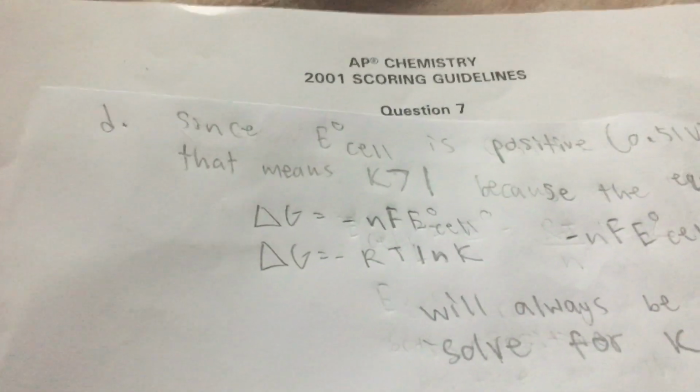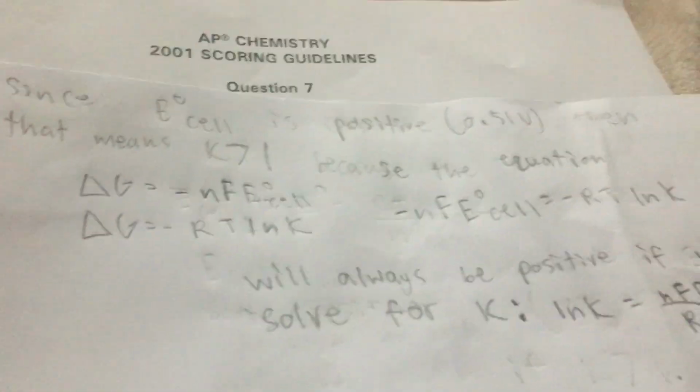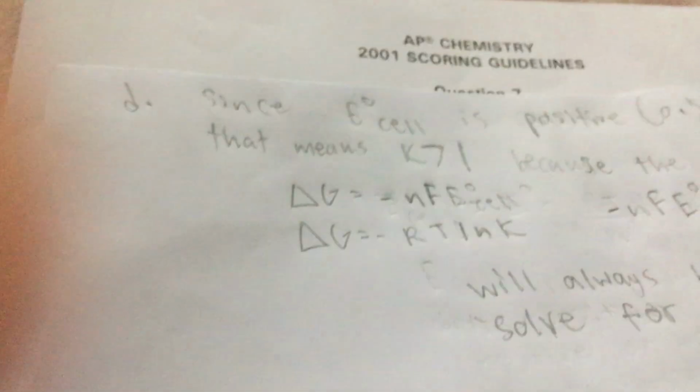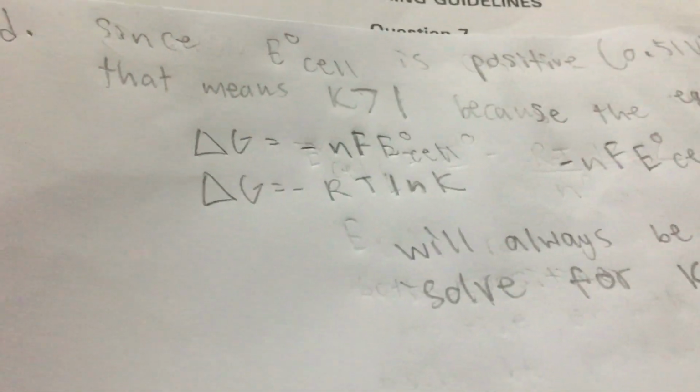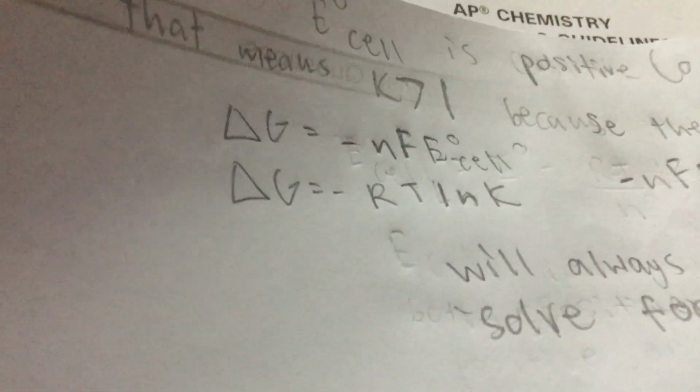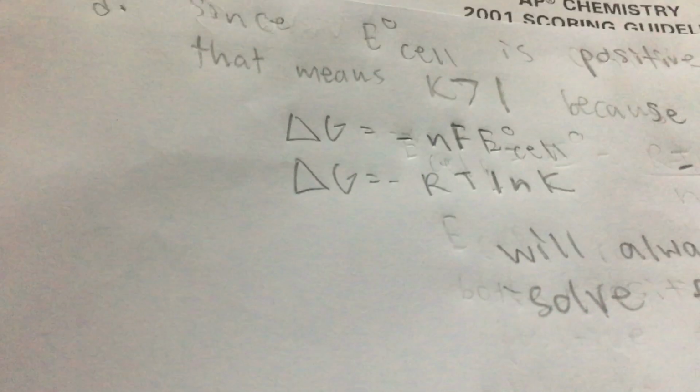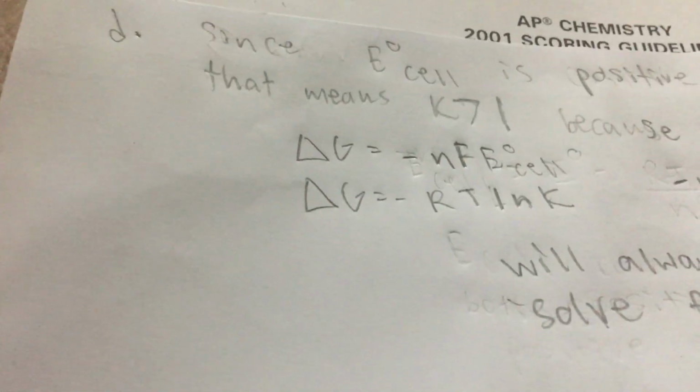Okay, so for D, since E standard of the cell is positive, because we solved it for B, it's 0.51 volts, then that means K is greater than 1, because of the equation, well actually two equations: the change in G is equal to negative nFE standard of the cell, and the change in G is equal to negative RT ln K.